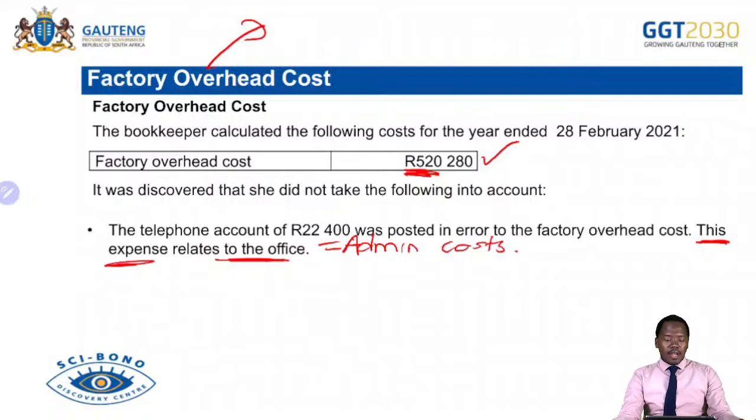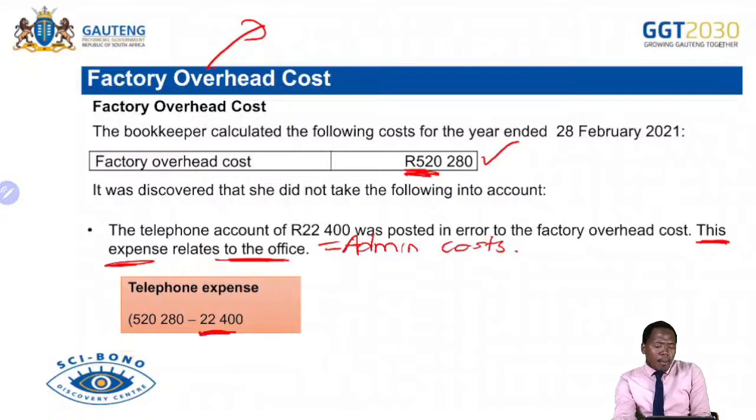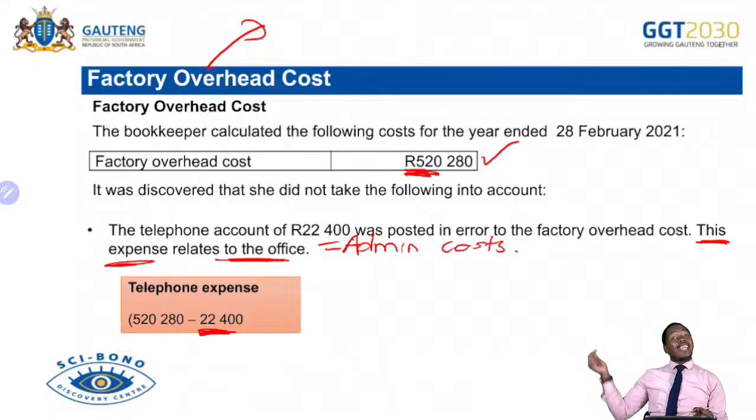Right, now, grade 12s, let us see how we handle this. What are we doing here, grade 12s? We are completely removing the 22,400 because they included it there. So it must go out. We take it out of the 520 to 8. So it goes out.